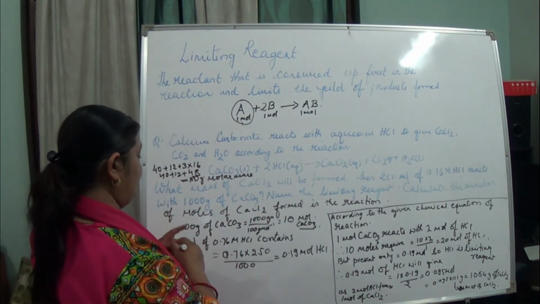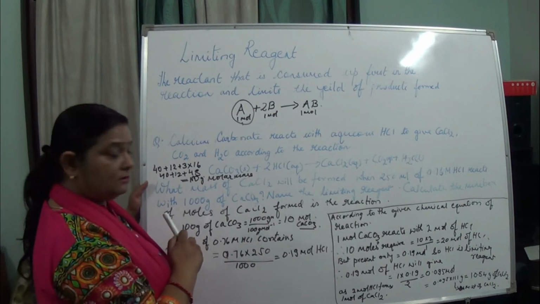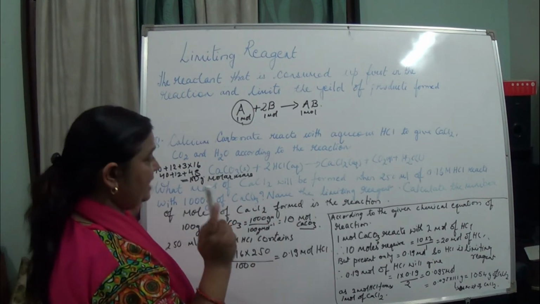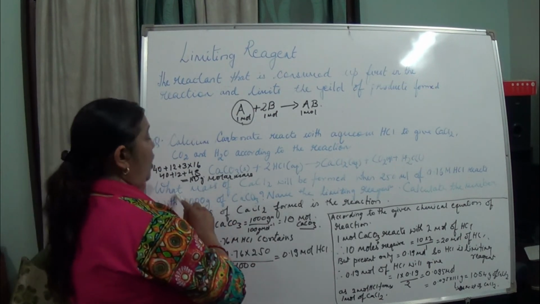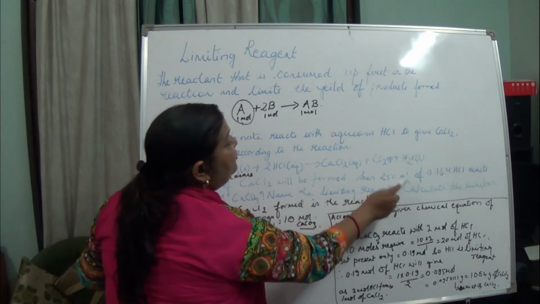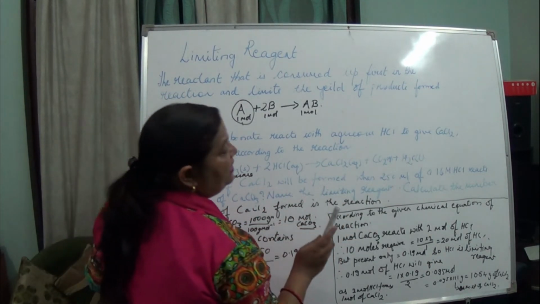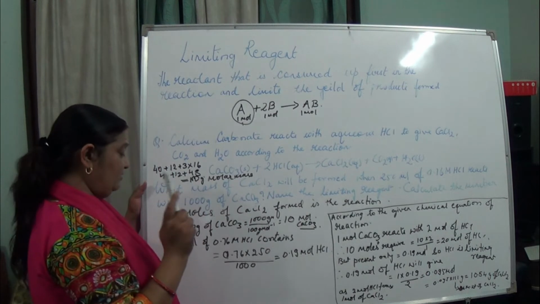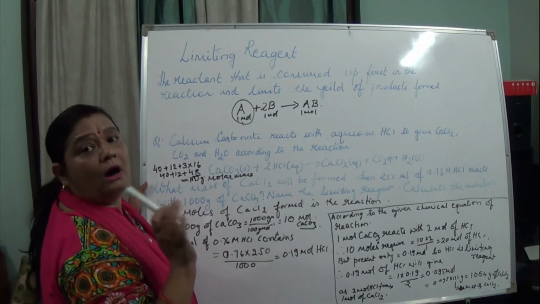Now let us see the number of moles of hydrogen chloride. Here it is said that what mass of calcium chloride will be formed when 250 ml of 0.76 M HCl is used. So here the volume is given, that should be taken into account.